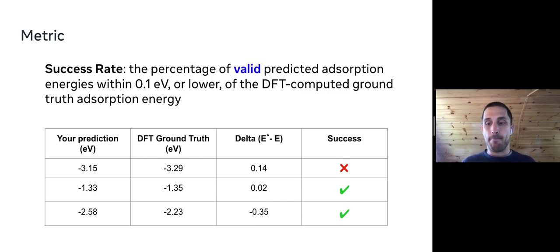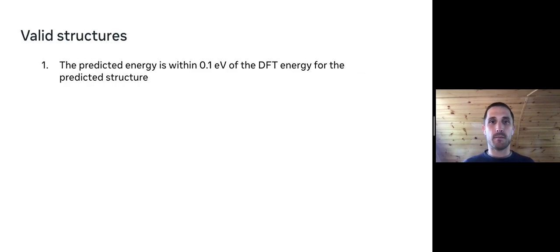Well, this is where we need to define what we mean by valid. So first, in order to be a valid prediction, the predicted energy needs to be within 0.01 eV of the DFT energy for the predicted structure. And so this is actually checking the local optimization is accurate on top of the global optimization.